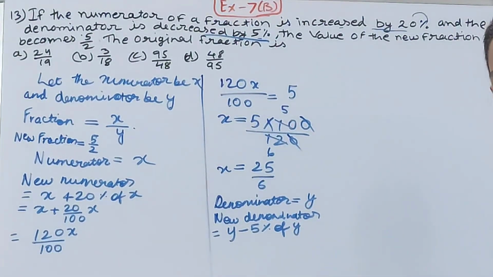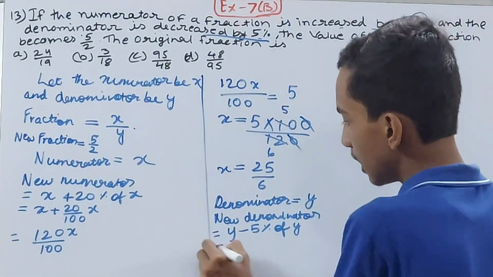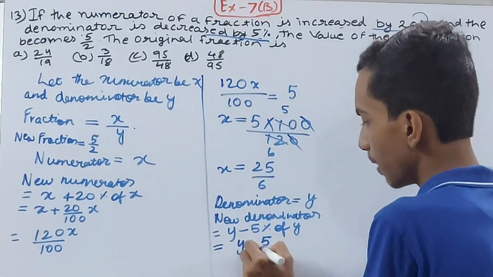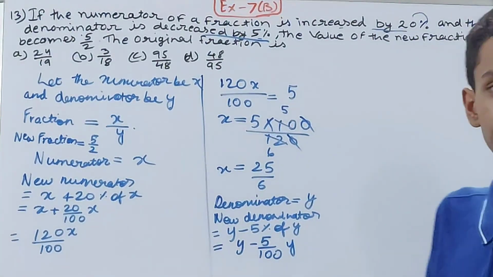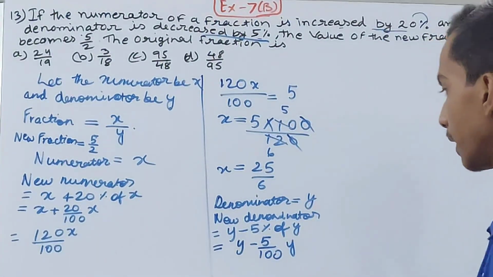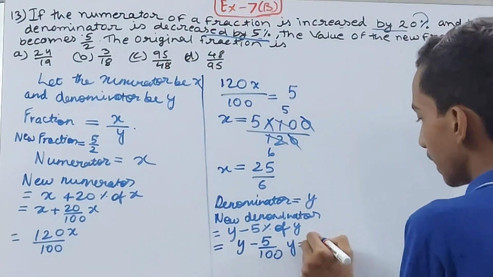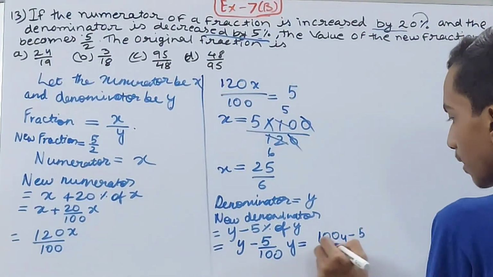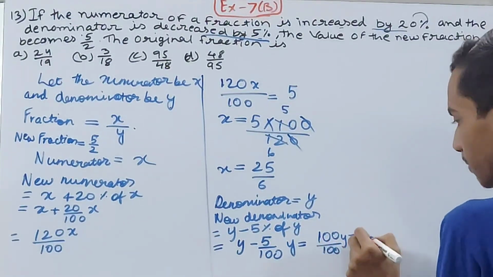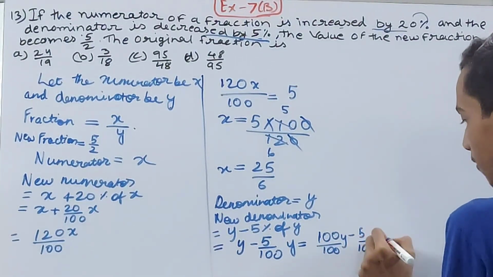It will not be 5% of x or something else. Don't make the mistake. Now you can write this down also, y minus 5 by 100 y. Okay, 5% of y, 5 by 100 y. This you can further simplify. You will have 100y minus 5y upon 100.